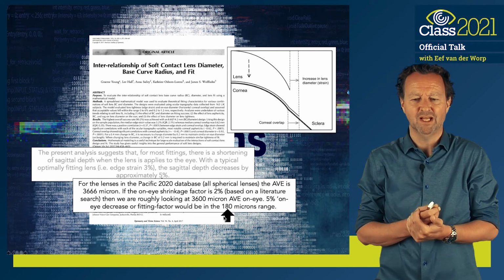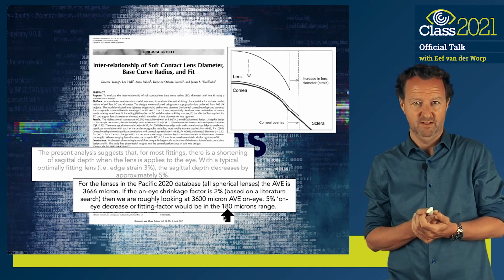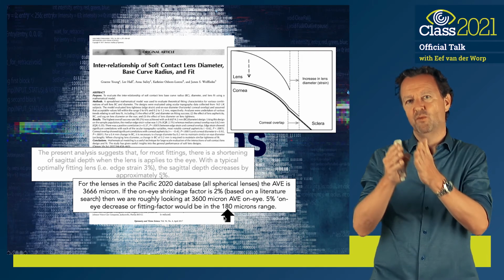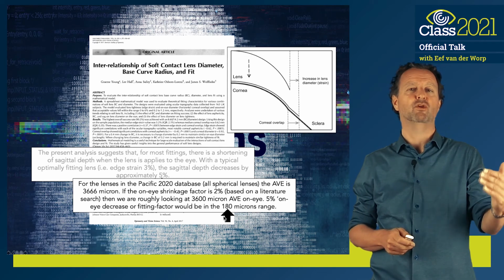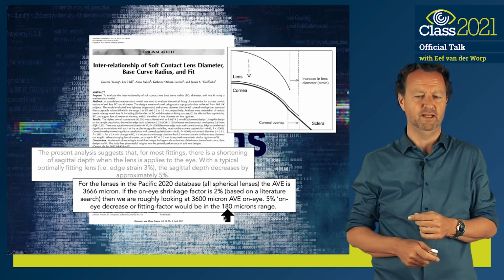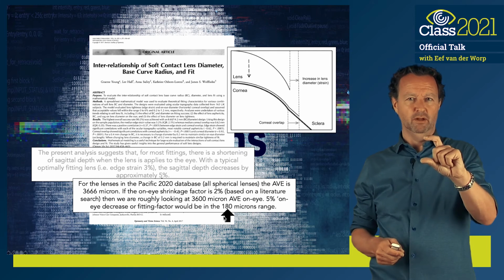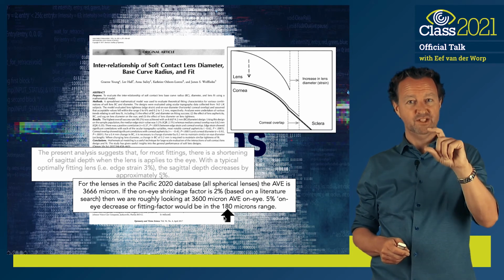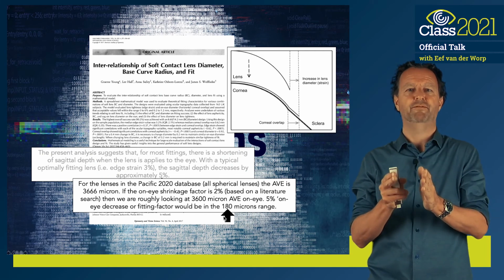Well, it looks like it could be as much as 5% for the average eye with an average lens. That's an edge strain factor of 3%, as Graham Young tried to explain there. If we use that as a model, and again, that's just a big if, let's just assume that is true for everything, but that's 5%.